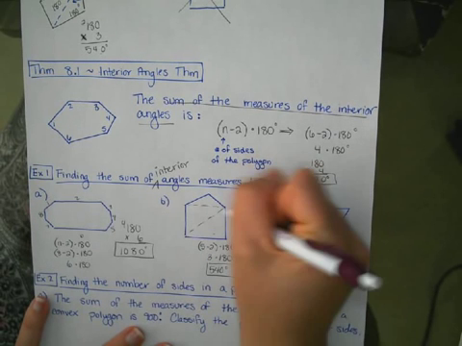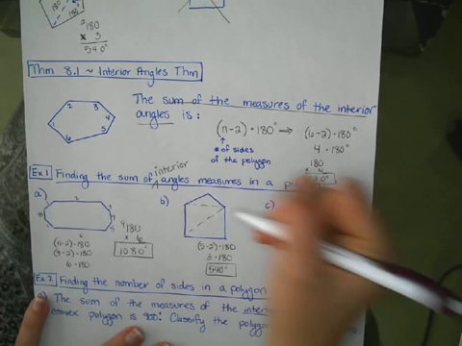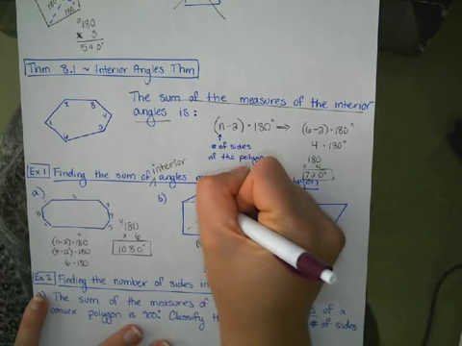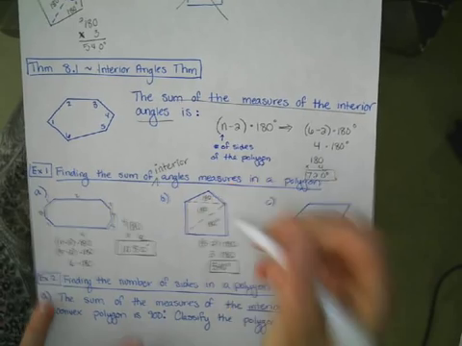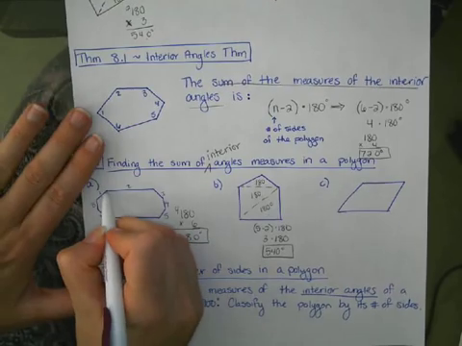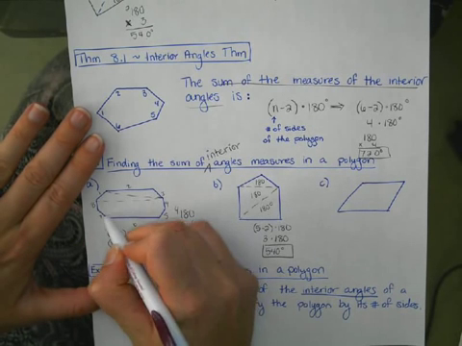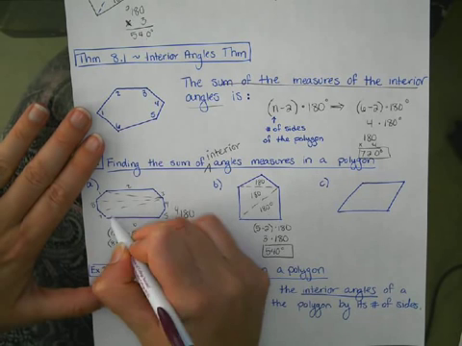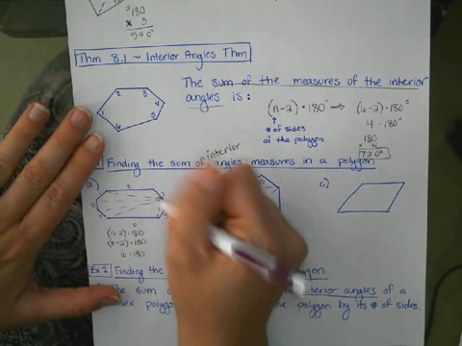This is 180, that's 180, that's 180, and I could add them up. I could have done it here too. If I did this, go to that one, go to that one, go to that one, it gets kind of ugly here. So here would be 180, 180, 180, 180, 180, 180.